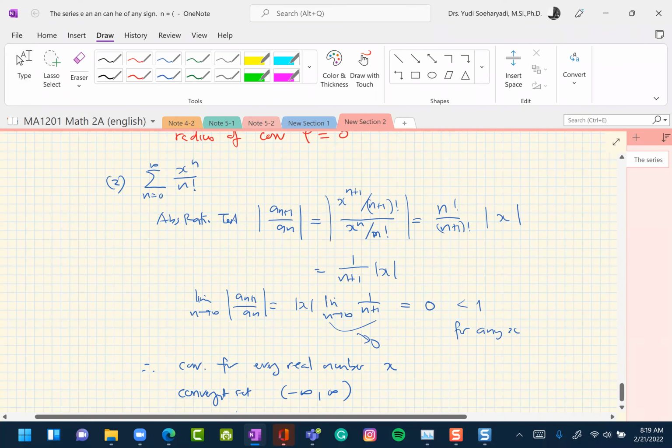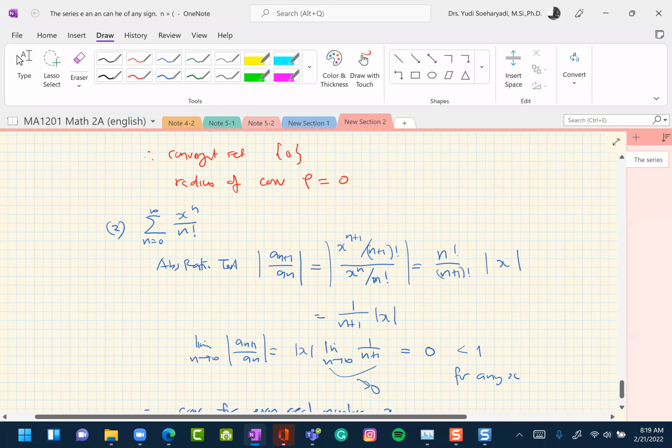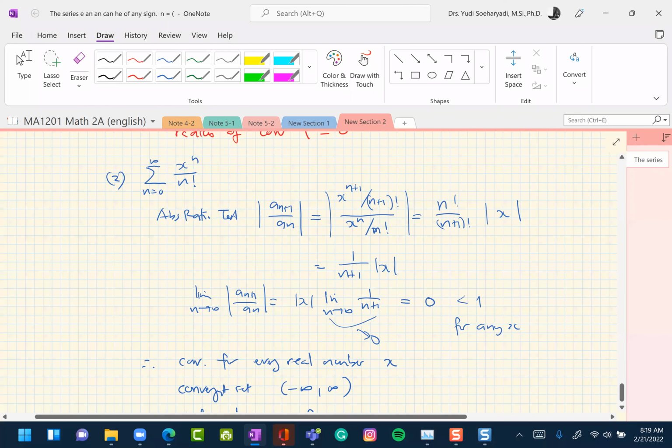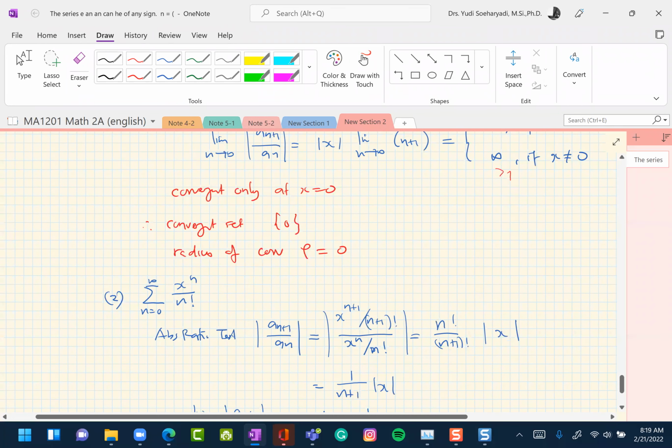You have radius 0, meaning convergent only at the center. Here you have radius of convergence infinity, meaning everything converges. And a lot of cases in the middle.